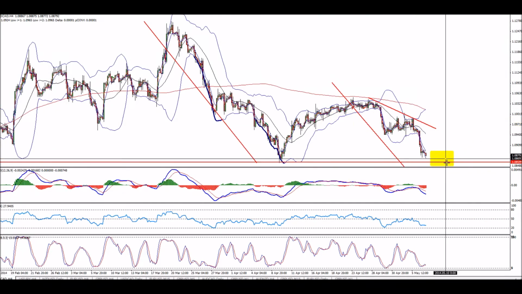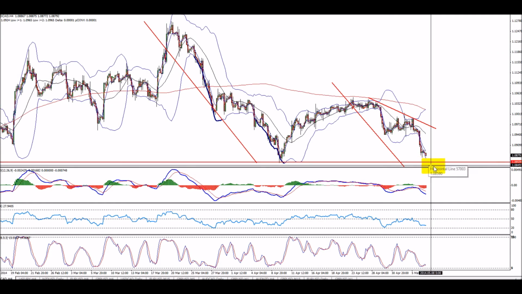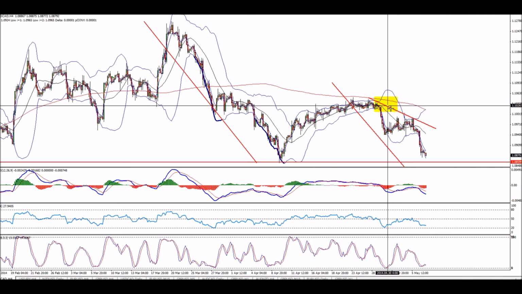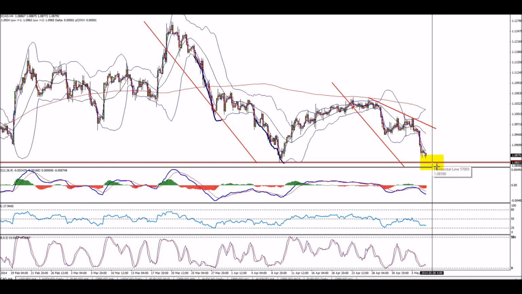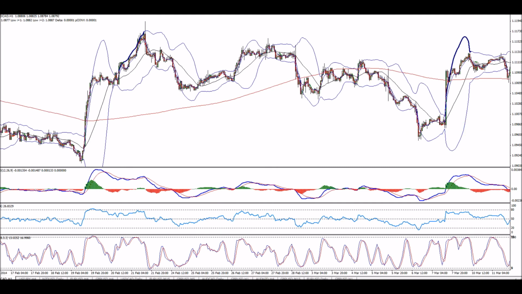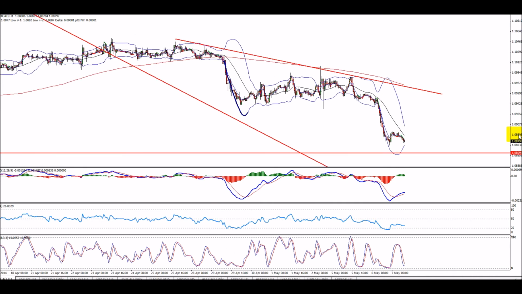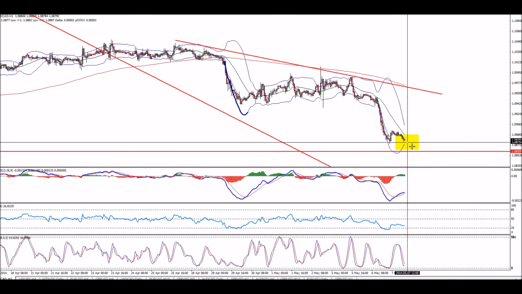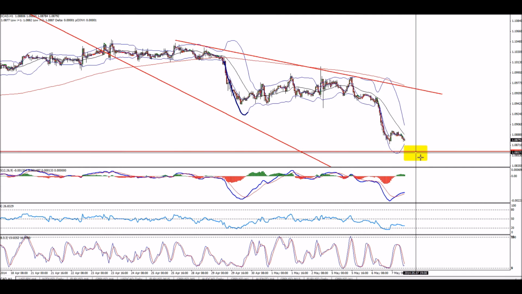So I think dollar CAD is about to find a bottom somewhere here. Okay, and we have ABCD on the 4-hour chart. We have Bollinger Band duplication on the 4-hour chart, and on the 1-hour chart we have the divergence, which means that somewhere from here, maybe double bottom, maybe this zone, this divergence is about to take place and it is about to rally.